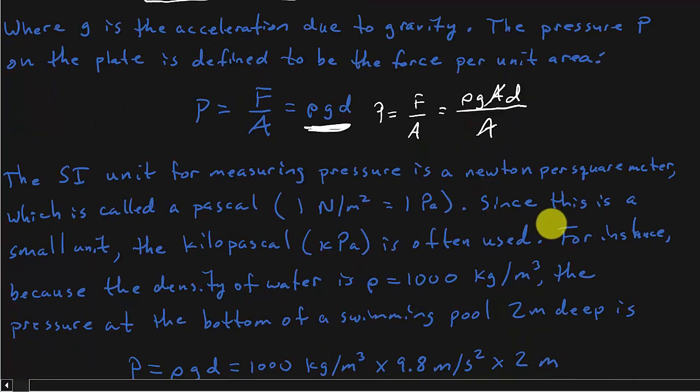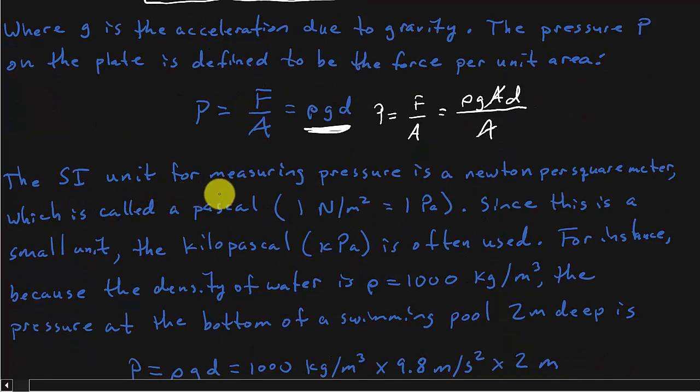The SI unit for measuring pressure is a Newton per square meter, which is called a Pascal. So 1 Newton per square meter is equal to 1 Pascal. Since this is a small unit, the kilopascal is often used.